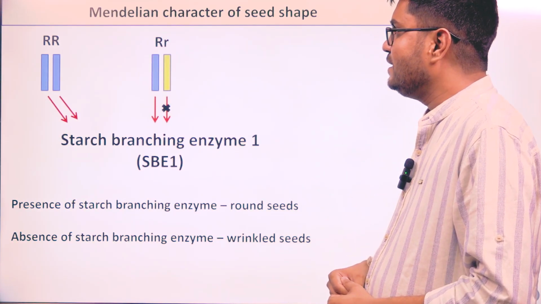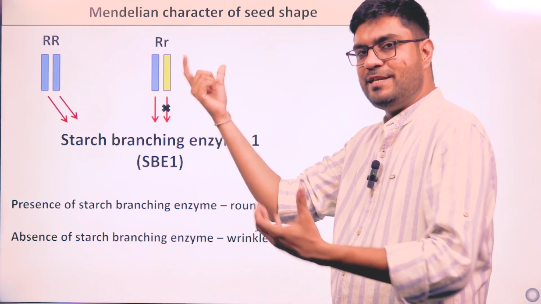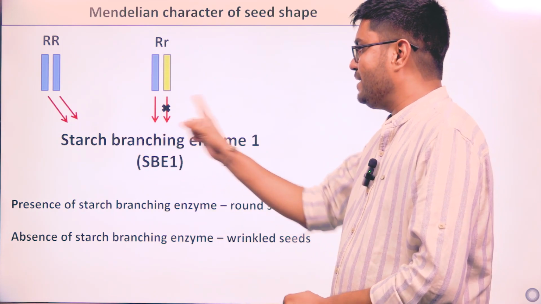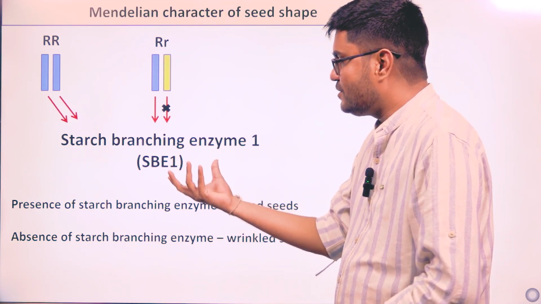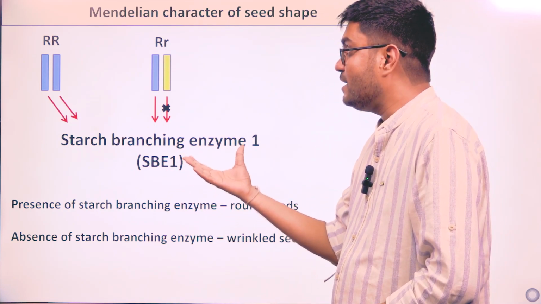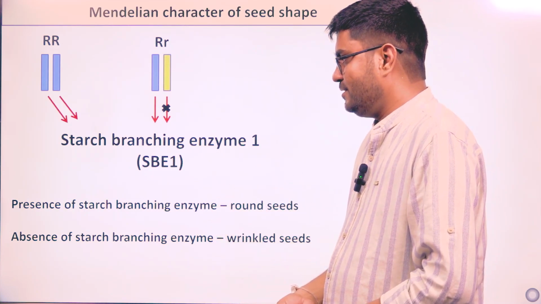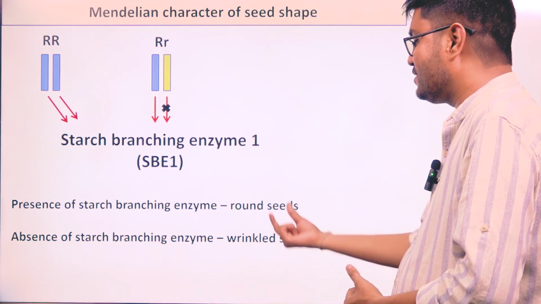Second, the capital R, two copies of the same gene, two alleles of the same gene. One is able to make the enzyme, the second one is not making the enzyme. But still, starch branching enzyme is present, it is coming from one copy, and that enzyme is enough to make enough branched starch, so the plant will be having still what?